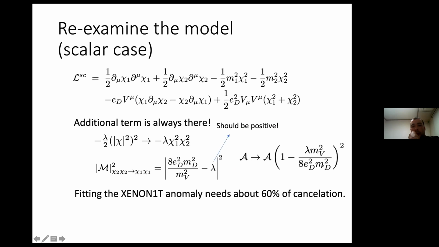Because in a complete model, in order to generate this mass splitting, you would probably produce an additional channel between chi1. Yeah, that is true. But we can make that sector heavier. As long as it's heavier than the MeV scale, then it doesn't matter.